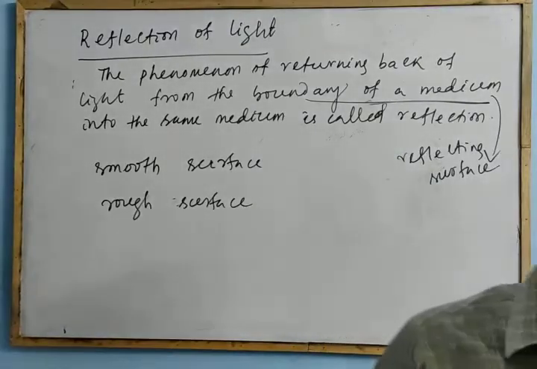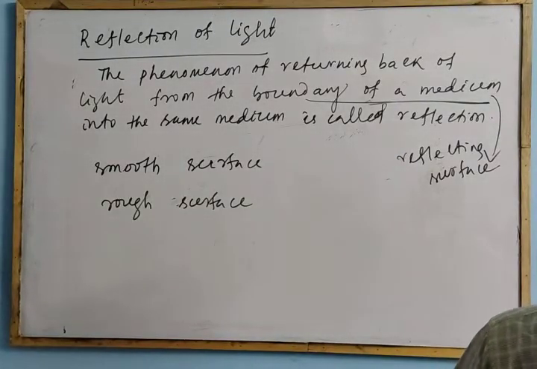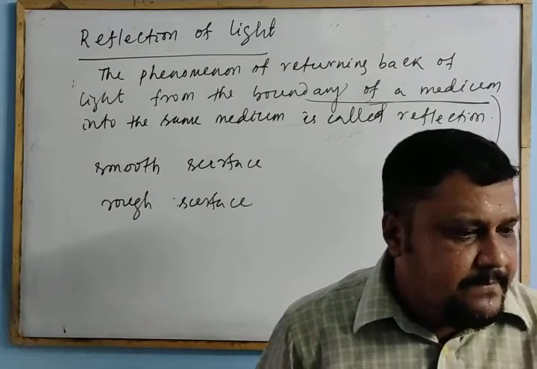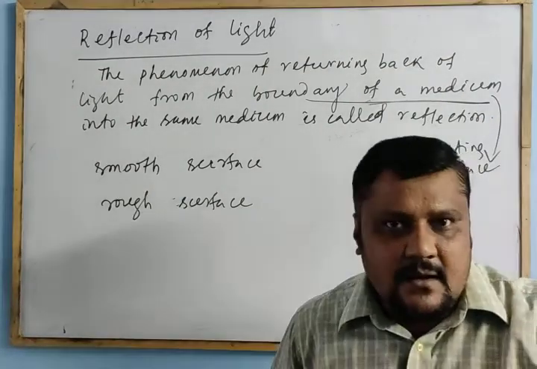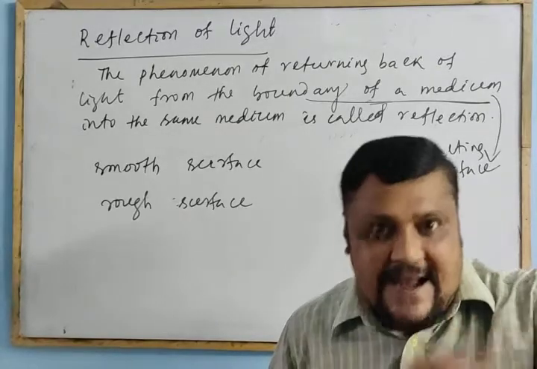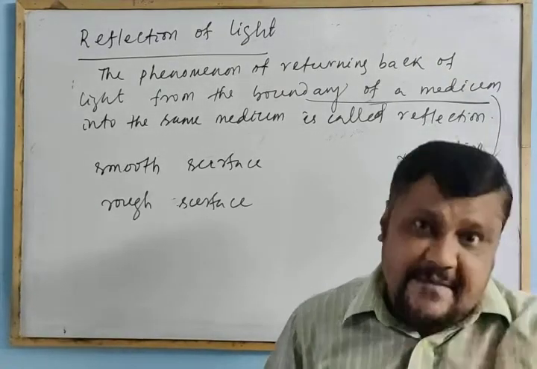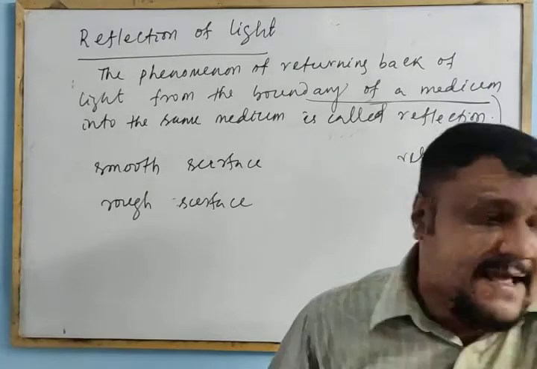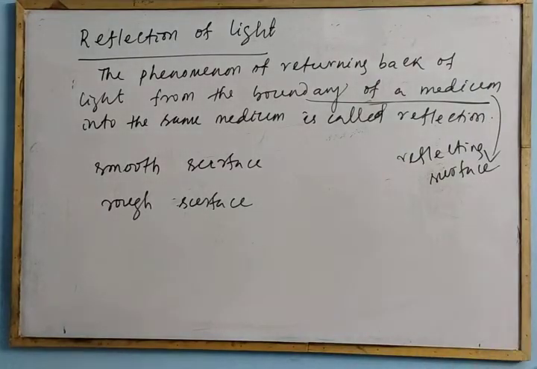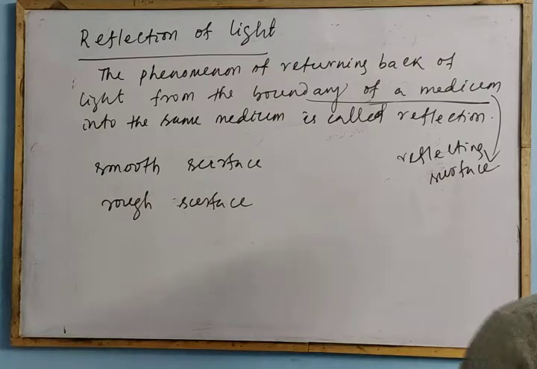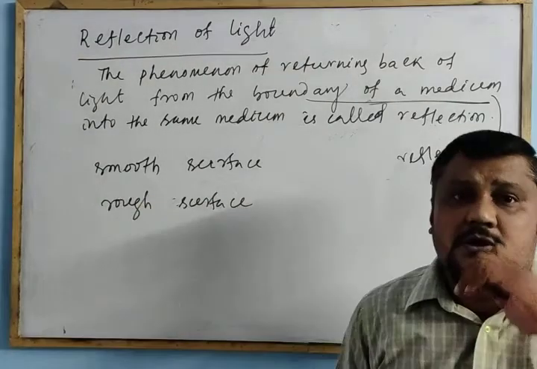For a smooth surface, if parallel rays of light are incident on the surface and they reflect back into the same medium, again parallel, then that surface is called a smooth surface.